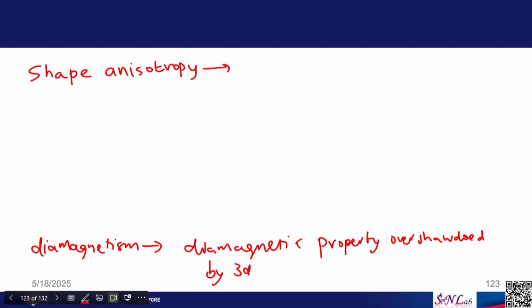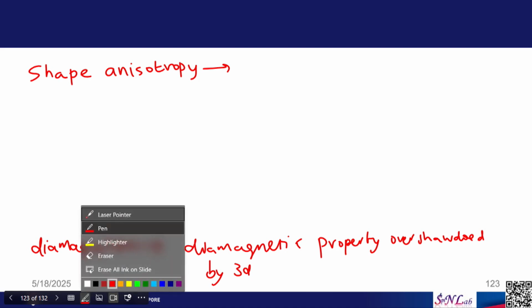So, all the materials will show some kind of diamagnetic property, but if they have unpaired electrons, then they will have ferromagnetic property. Ferromagnetic property will overshadow diamagnetic property. Let me erase this whole thing. I do not want to confuse you.